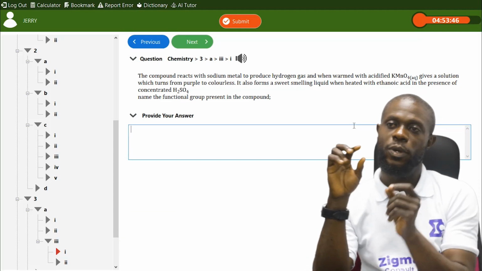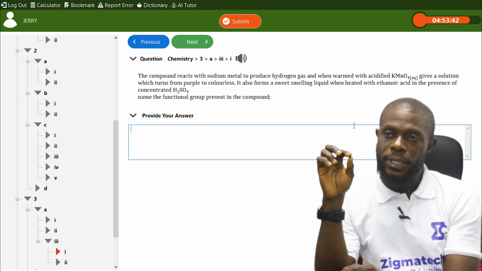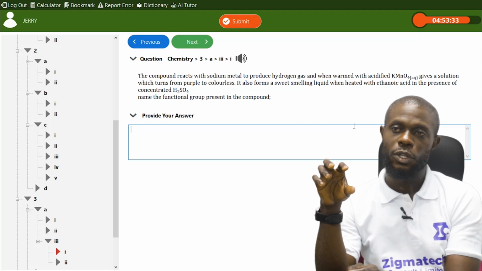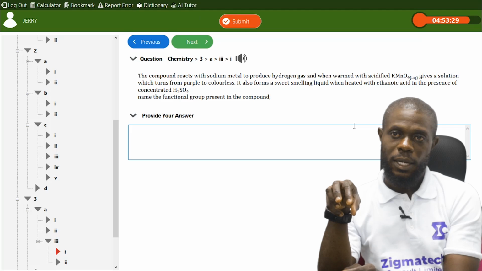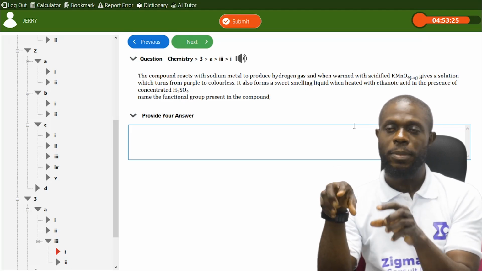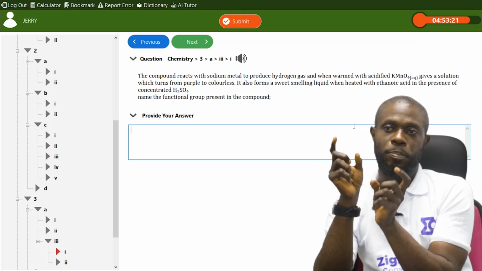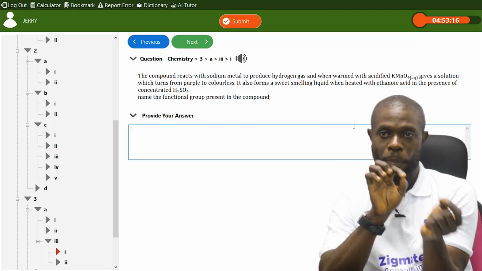Now, looking at this question, you will see that the potassium permanganate was in an aqueous solution. An aqueous solution is a solution where the solvent is water. That means it was put into water. So the solution turns from purple to what? Colorless. That means the color of potassium permanganate is purple.